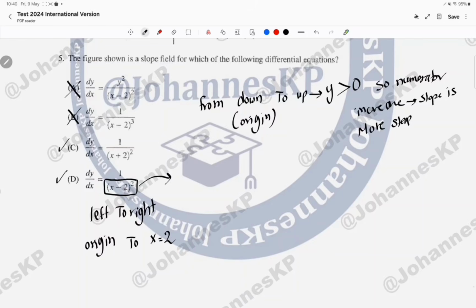You know what that is? Yes. So right now, if I set this equal to 0, and if I square everything, x is equal to 2. That means I have a vertical asymptote at x of 2.